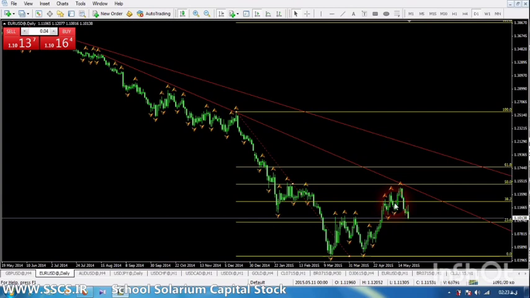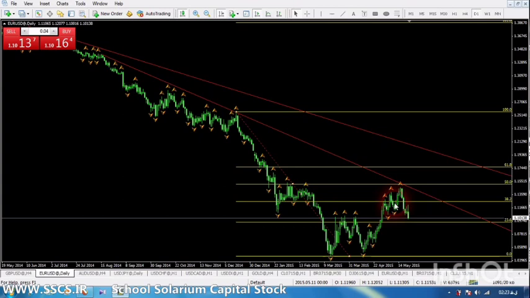There's an important point about my Fibonacci. The longer the time frame that you have drawn your Fibonacci in, the more powerful your analysis and your Fibonacci. But the shorter the time frame, your analysis and the resistances of the Fibonacci are going to be weaker.